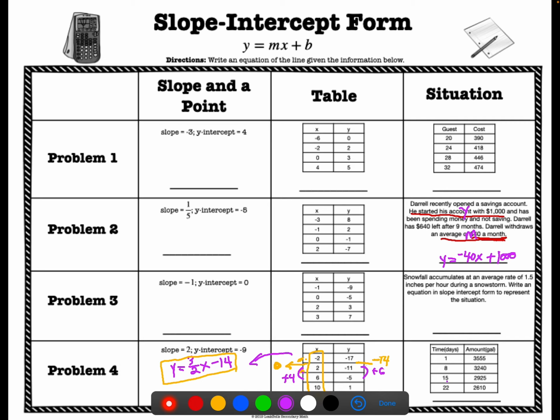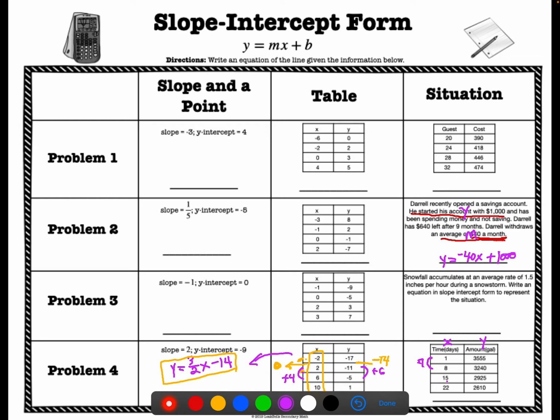All right, so let's go ahead and find our slope because we can't right offhand determine what the y-intercept is. So we're going to find the slope. Note here, days is x, gallons is y. And when we go from 1 to 8, we add 7.